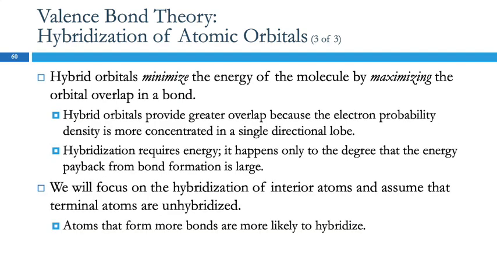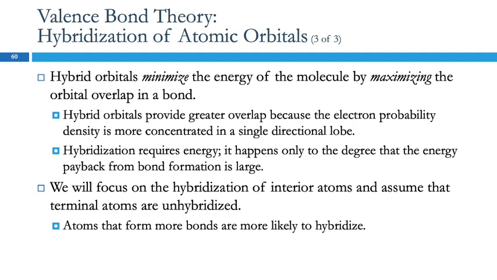Those hybrid orbitals are going to minimize the energy of the molecule by maximizing the overlap. The hybrid orbitals are going to give us better overlap because unlike regular atomic orbitals, which are symmetrical about the nucleus, these tend to be more on one side of the nucleus than on the other, and so you get better overlap. It does require energy to hybridize these orbitals, so it's only going to happen if the result is a lowering in energy.